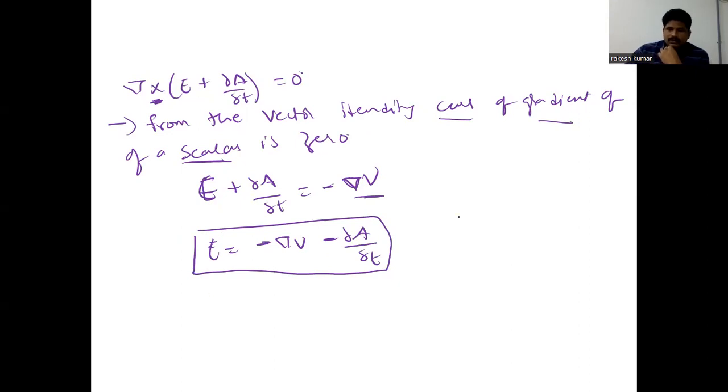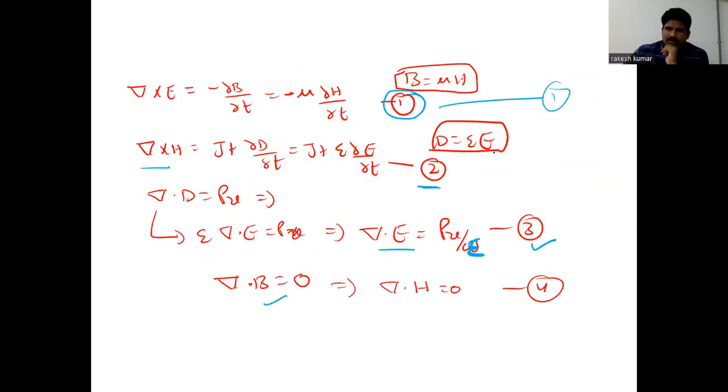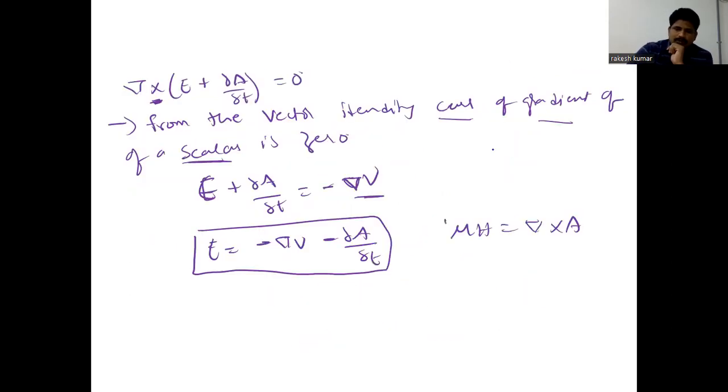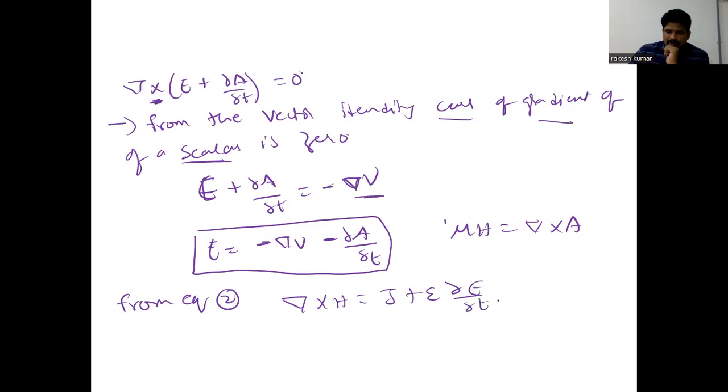So we know that mu H is equal to del cross A. Therefore, from equation 2, what is the expression? This is my equation 2: del cross H is equal to J plus epsilon into dou E by dou t.